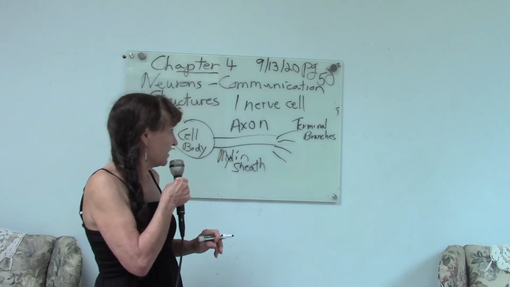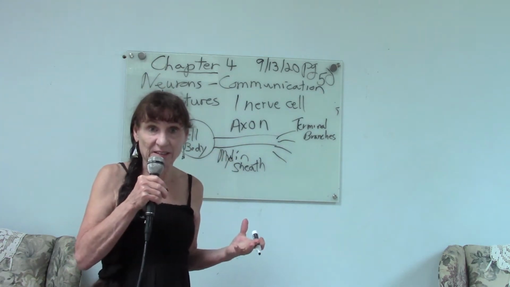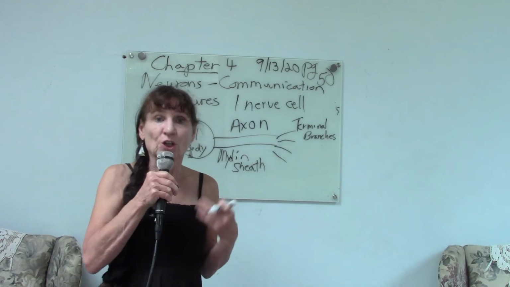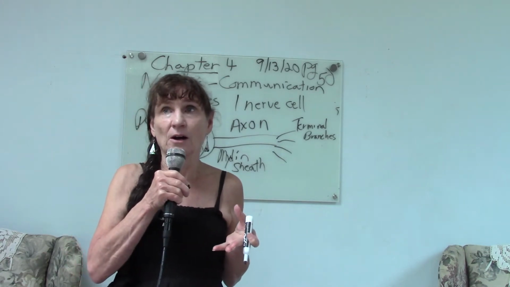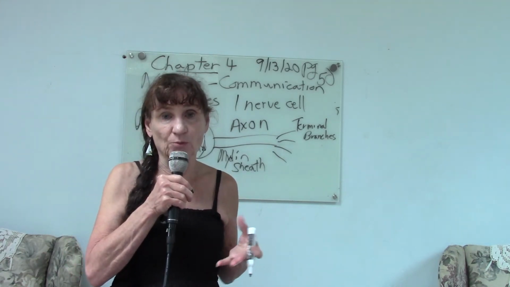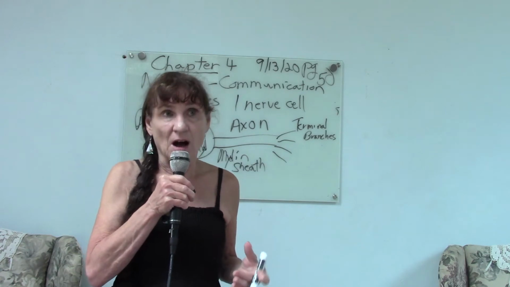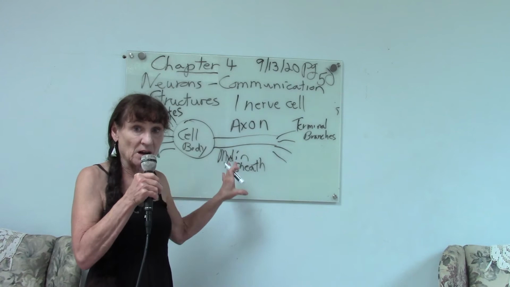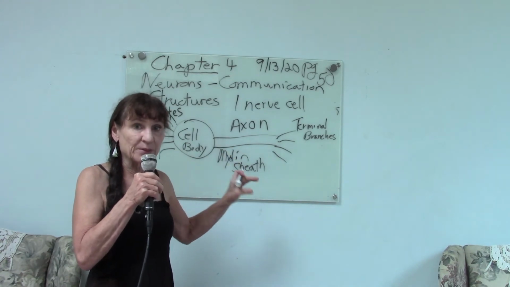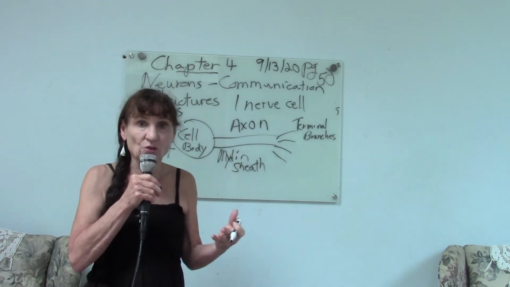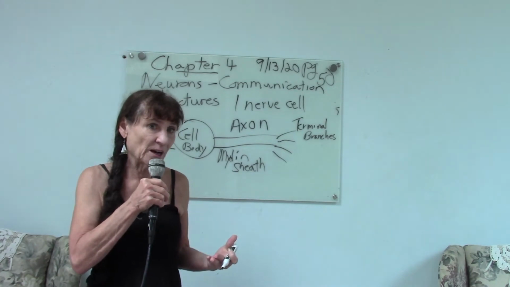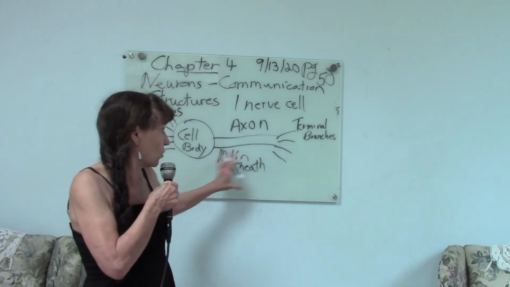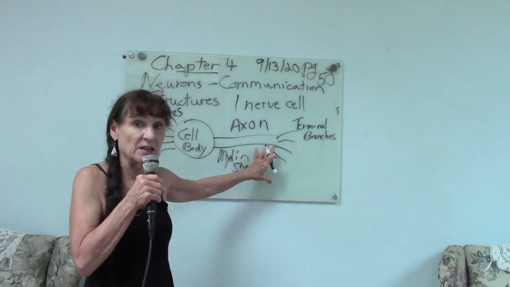When that disintegrates, if that is compromised, you get diseases like ALS, for example, multiple sclerosis, because once the myelin disappears or is compromised, the neuron has a very difficult time transmitting or continuing its impulse.